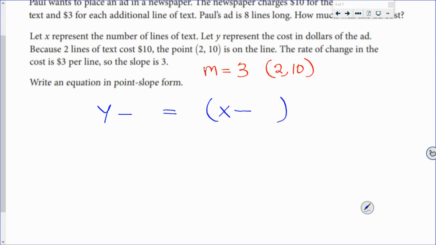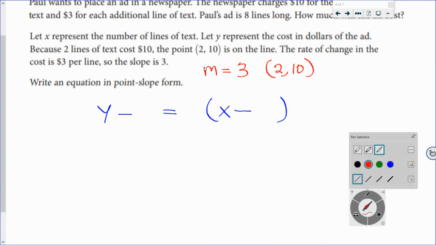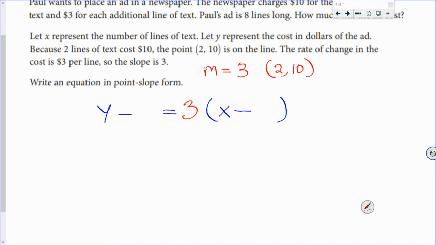I'm going to do that every time. Because then all that's left to do is put in the values that I was given. For example, the slope is 3. The slope will always go here. And then my y value is 10, so I put it here.